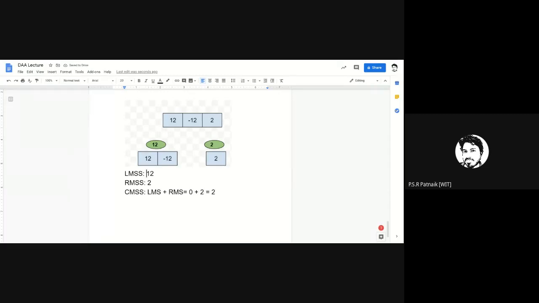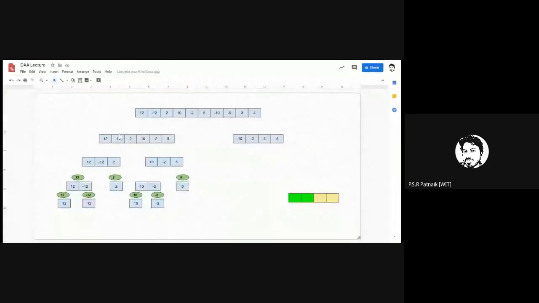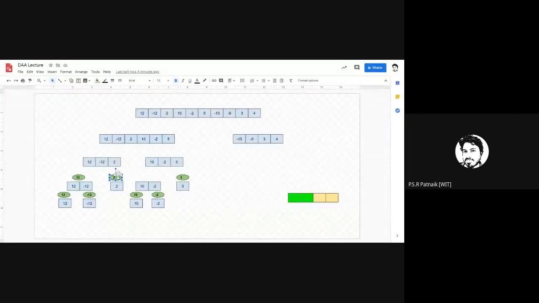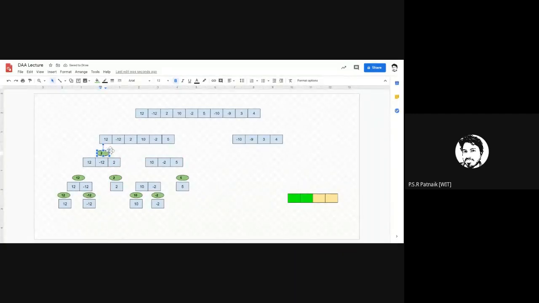So what is the maximum among these? 12, 2, and 2. So the maximum sum here is 12. So here I write the maximum sum for this element: 12. Okay.